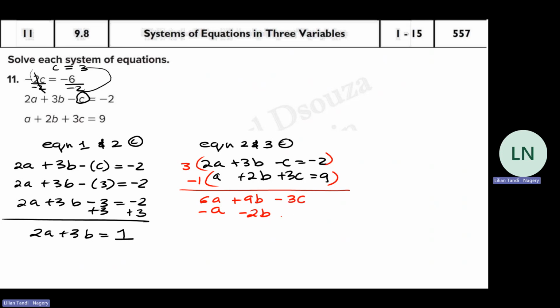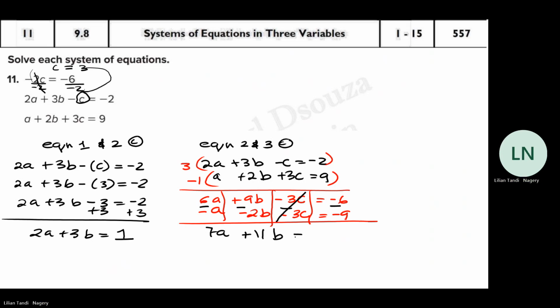Negative 3C, negative 3C. I'm eliminating C, so I will subtract. So this goes away. 7A plus 11B equals 3.